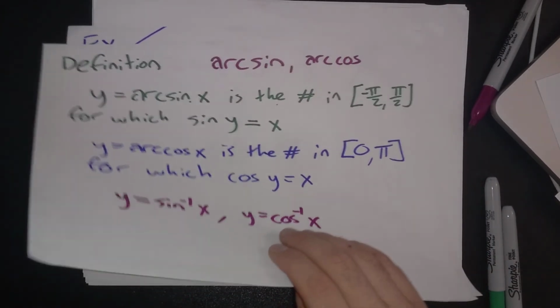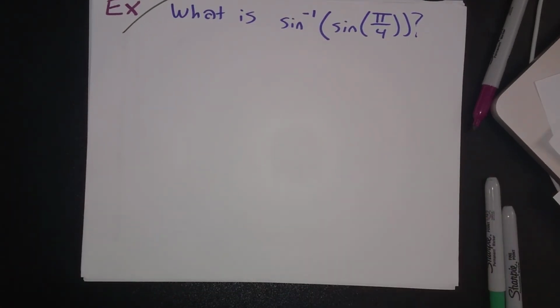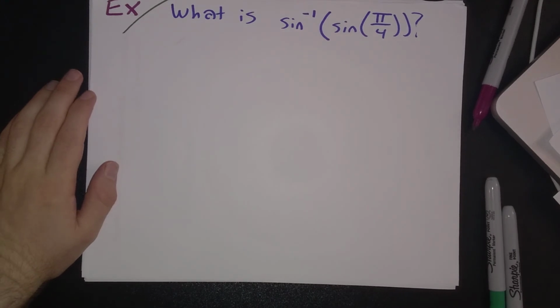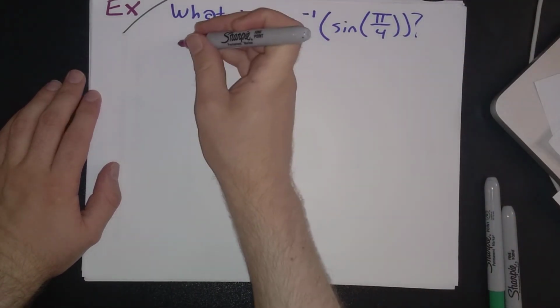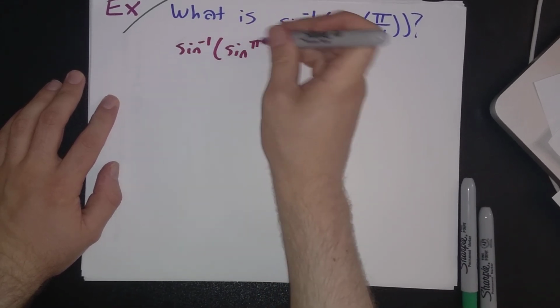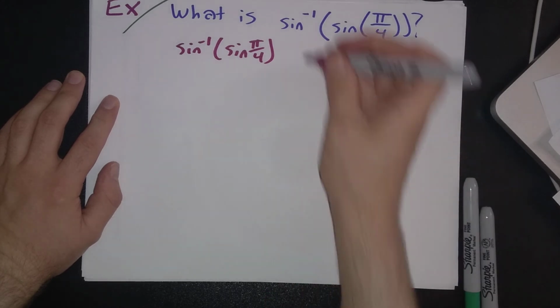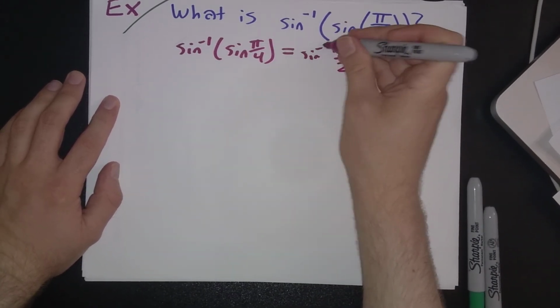And so let me end this video with one classic problem. What is sine inverse of sine of pi over 4? So we think about sine of pi over 4 is going to be root 2 over 2.